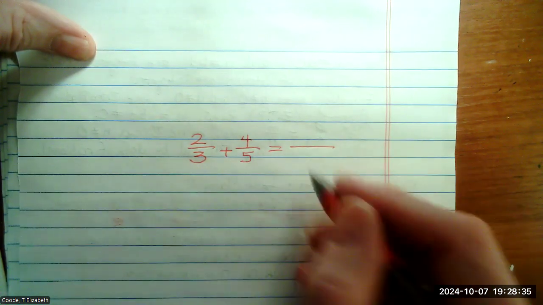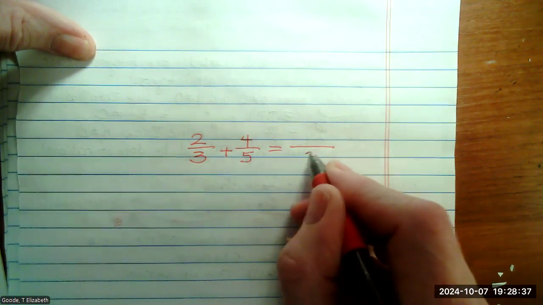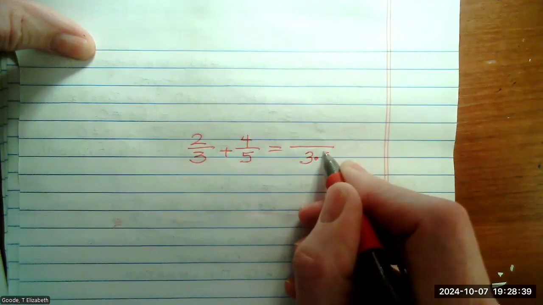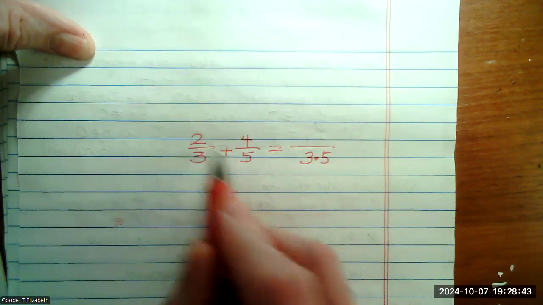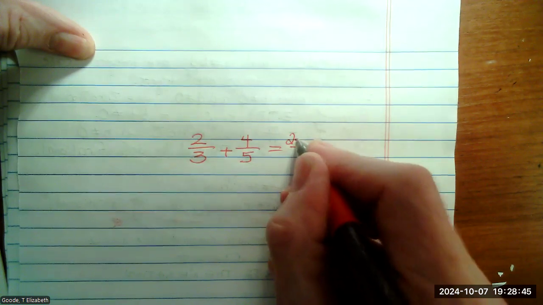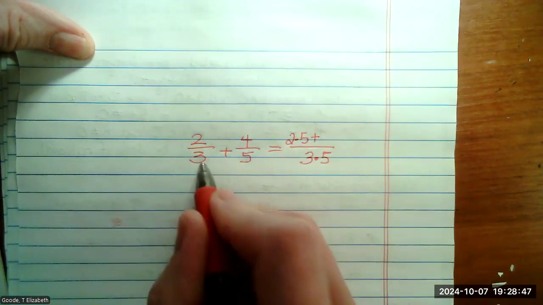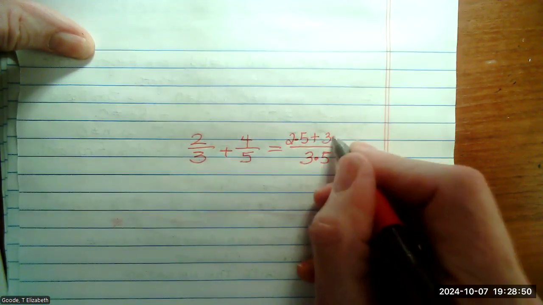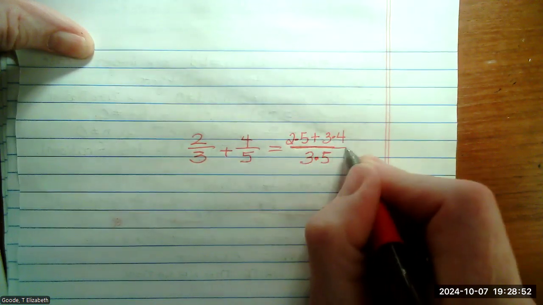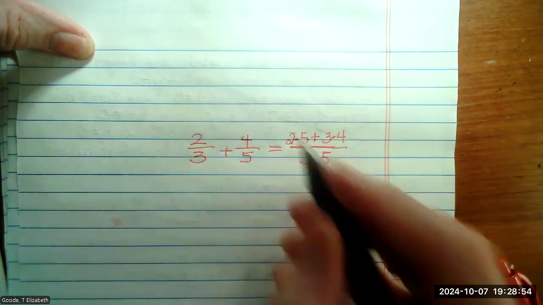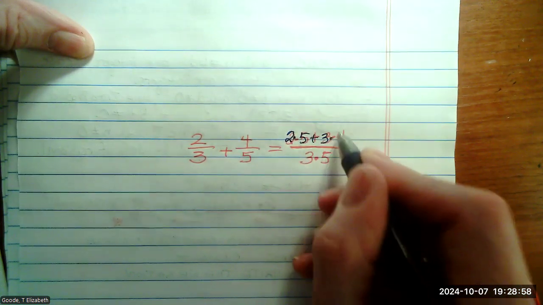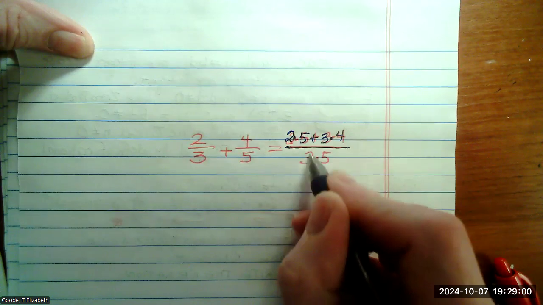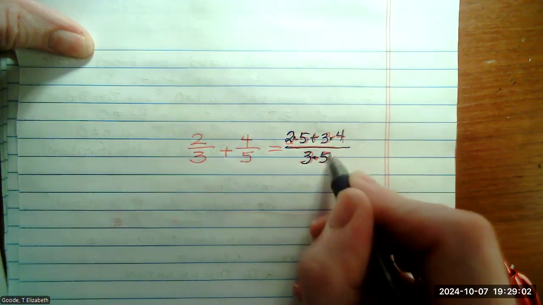You have to multiply by the common denominator or something. Yeah, we got to get a common denominator, which would be 3 times 5. And then we have to multiply 2 times 5. So it'll be 2 times 5 plus 3 times 4 for the numerator. Does that look familiar? 2 times 5 plus 3 times 4 over that common denominator, 3 times 5.